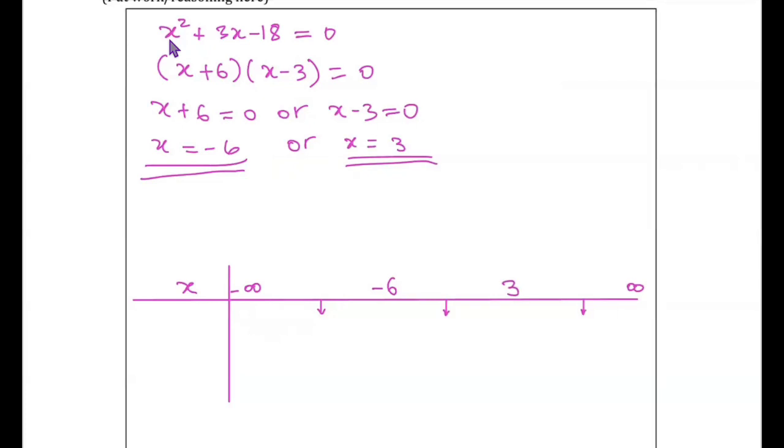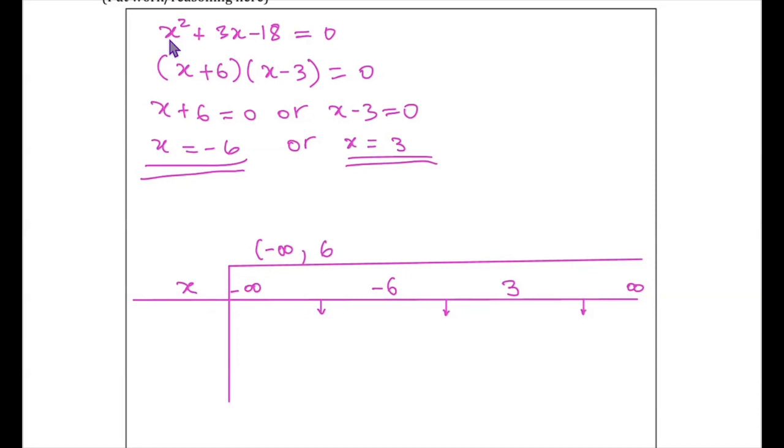So you see how I'm going to identify some values in each interval. So let me show my intervals. We have one interval from negative infinity to negative 6.